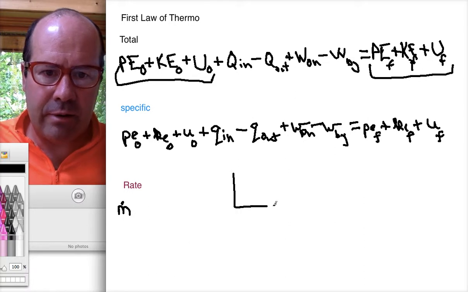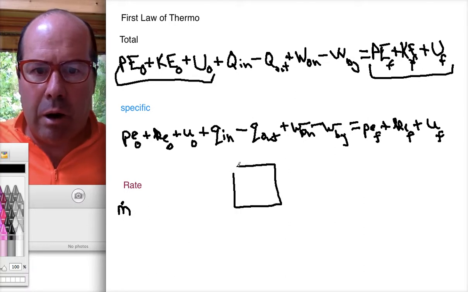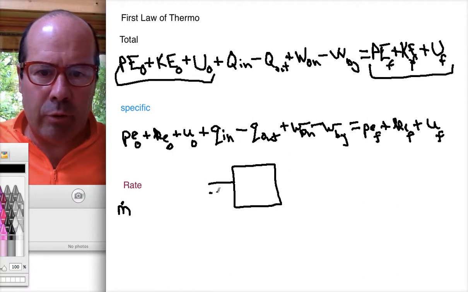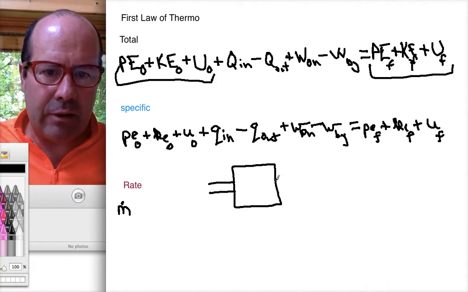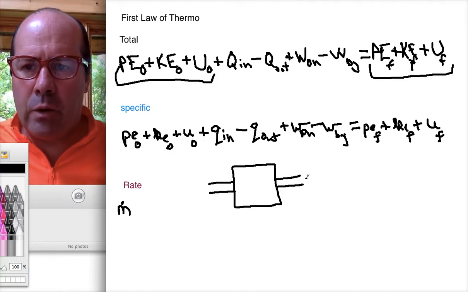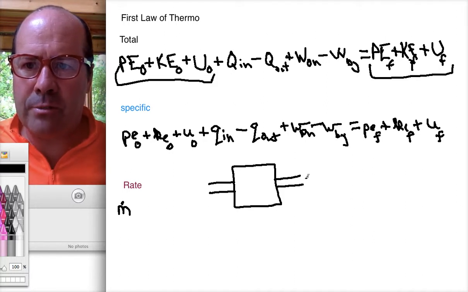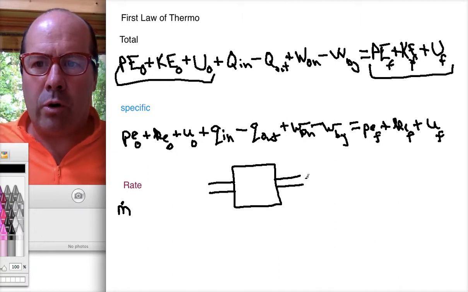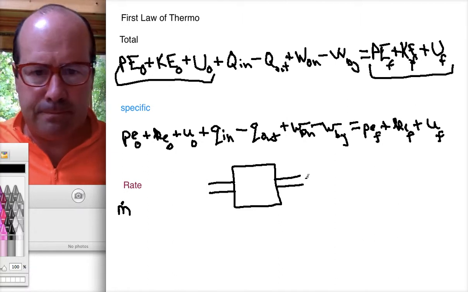What if I have a box? And that box has some water flowing in, and it has some water flowing out. And while in the box, we put some energy in, or we take some energy out. Maybe it's a boiler, or maybe it's a turbine.